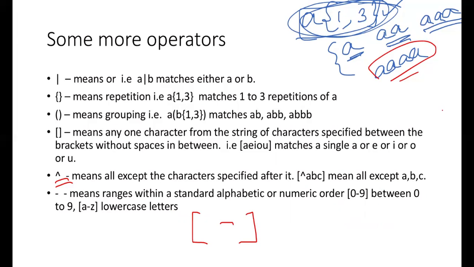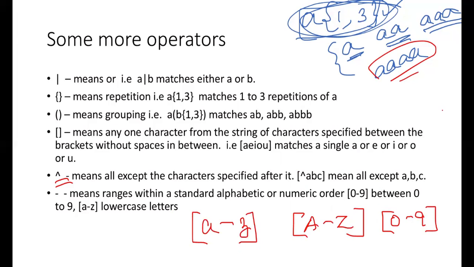This is used for representing a range of values. If I give small a to small z, it means all characters from small a to small z. Similarly, I can write capital A to capital Z, which means all characters from capital A to capital Z. Similarly for digits also, 0 to 9.